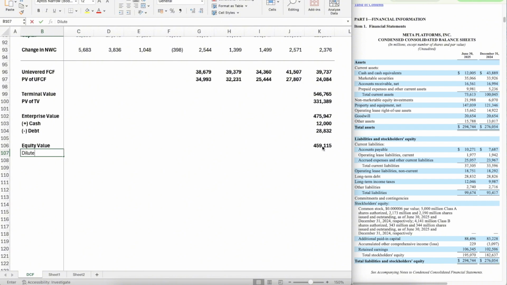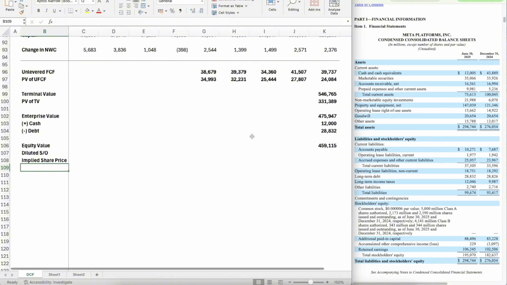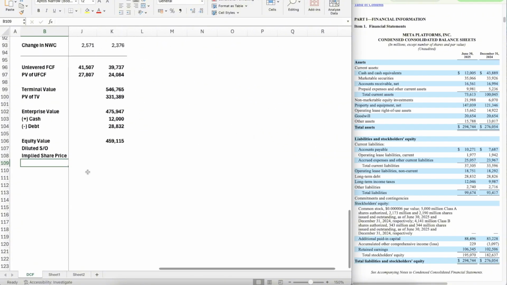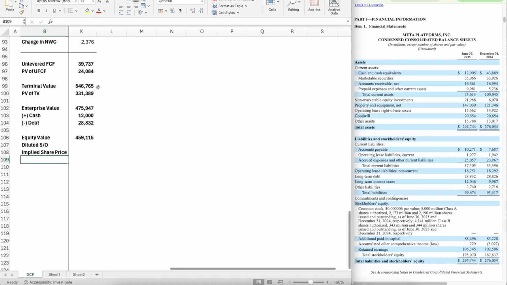Now, diluted shares outstanding. Let's just call it diluted SO. And then we'll get our implied share price. Make this slightly bigger. We can move these in a bit closer to it. So it's like that.